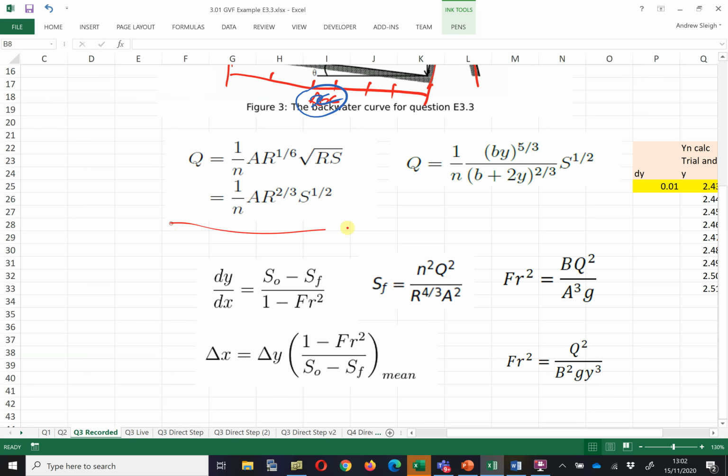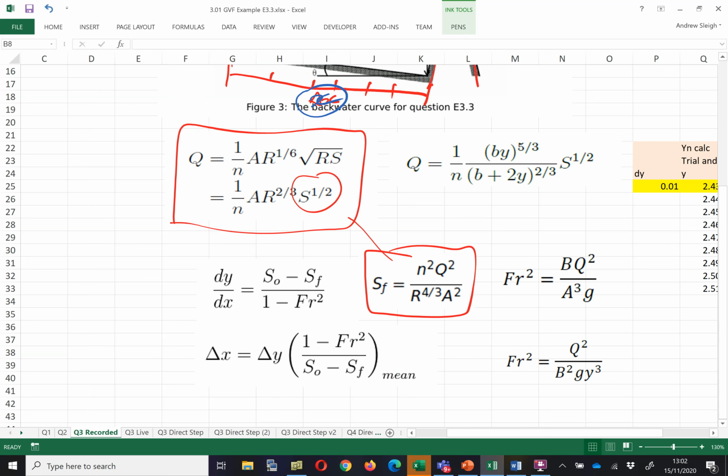We have Manning's equation. Why do we use that in the backwater calculation? Because we rearrange it to get an SF. Okay. We also use it to calculate yn. That's what we're going to use first.